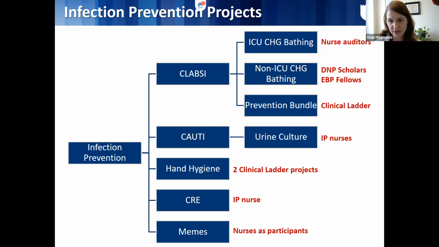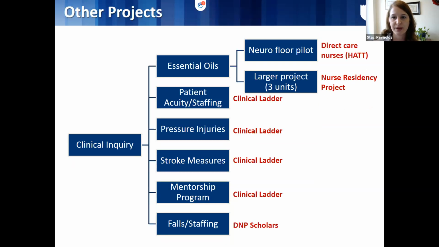Throughout these projects, some I have led, some I have just provided support for. And this goes back to meeting the nurses where they're at and providing the support that they need. I've also been involved in other non-infection prevention projects, mostly with nurses advancing on the clinical ladder, some nurse residency projects and different things like that.